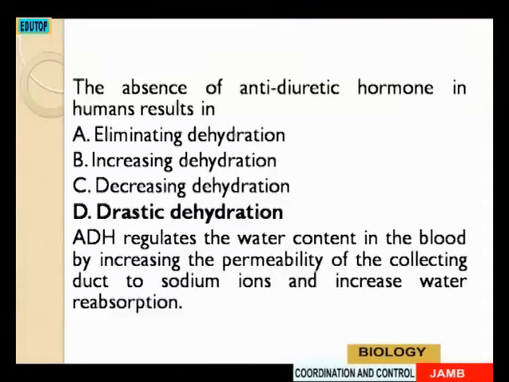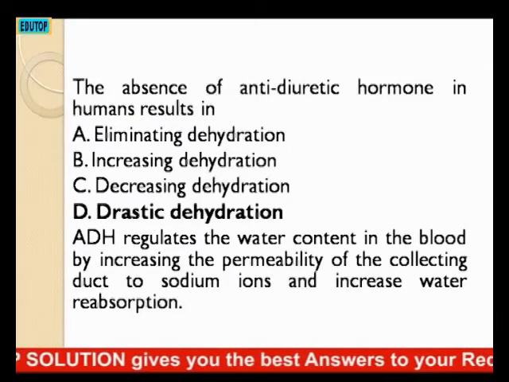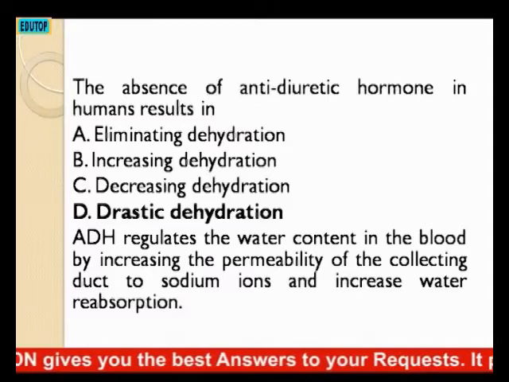The absence of antidiuretic hormone in human results in A, eliminating dehydration, B, increasing dehydration, C, decreasing dehydration, D, drastic dehydration. All of them is dehydration. But which one? ADH, which is also known as the antidiuretic hormone, regulates the water content in the blood by increasing the permeability of the collecting ducts to sodium and increase water reabsorption.